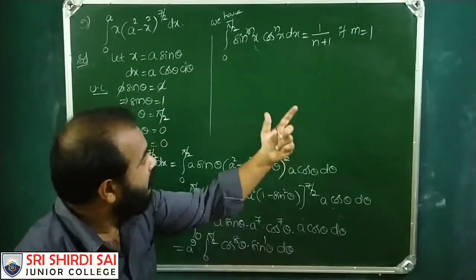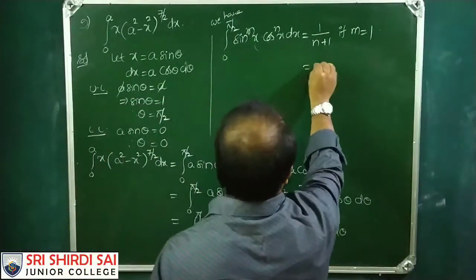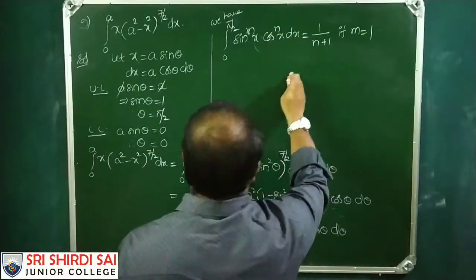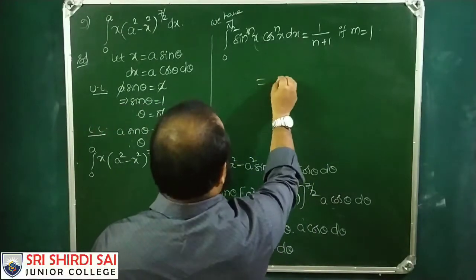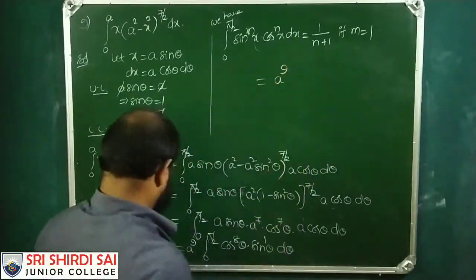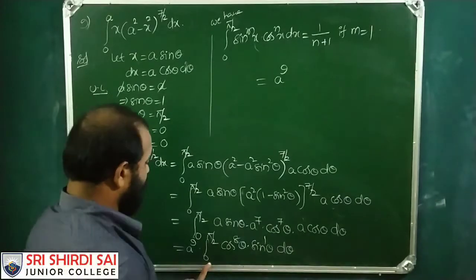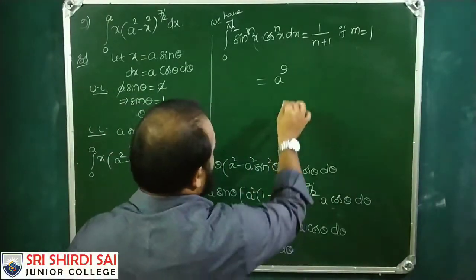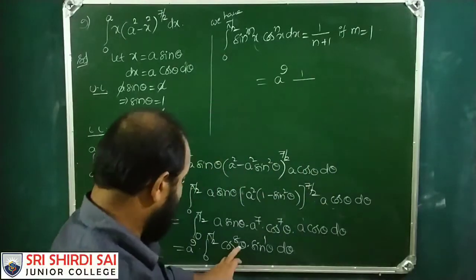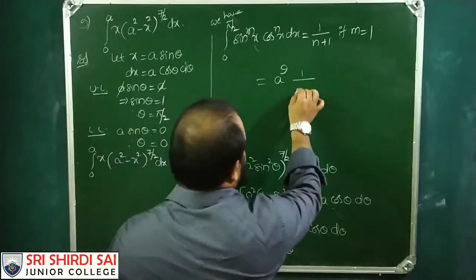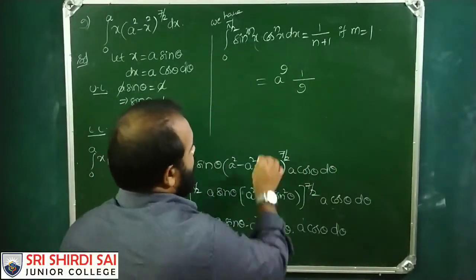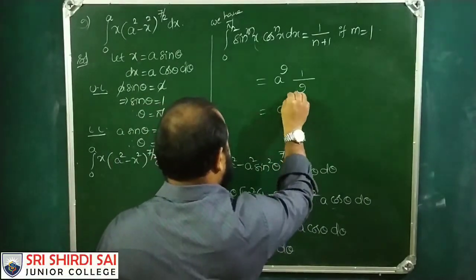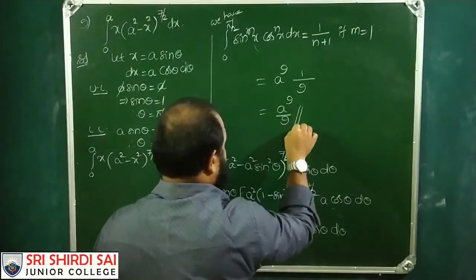So m equals 1. This is equal to a power 9 into 1 by n plus 1. So n is 8, plus 1 is 9. So the answer is a power 9 by 9.